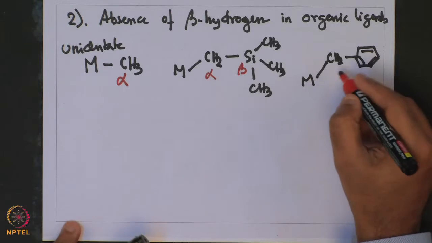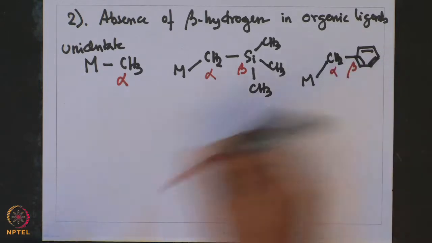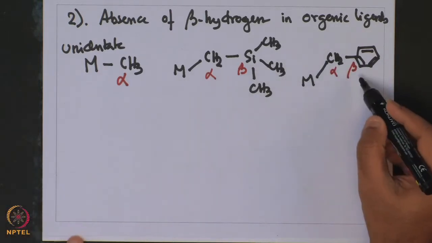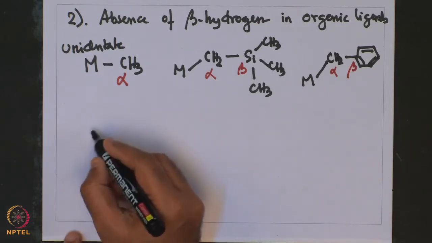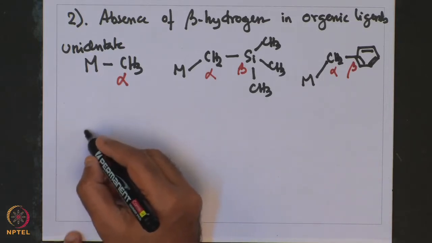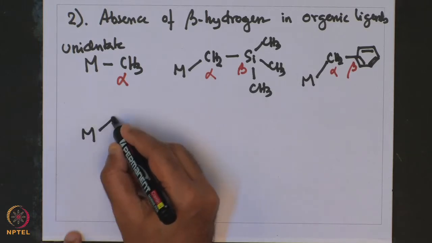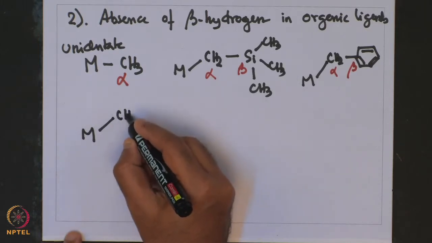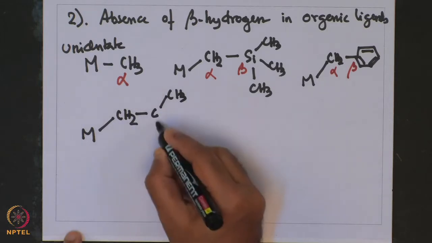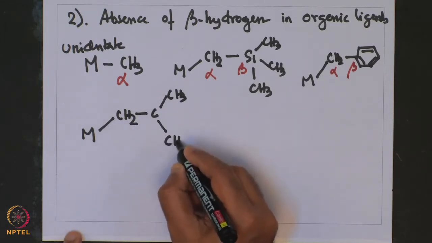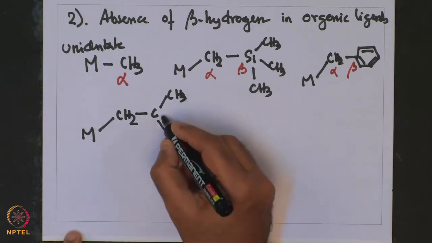This also does not have a beta hydrogen for it to eliminate, and one can have another variant of this, the CH2 dimethyl phenyl group.